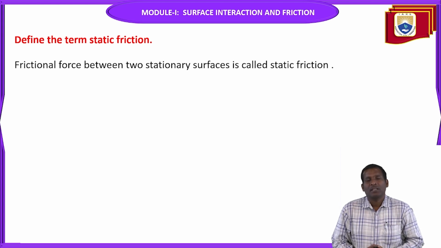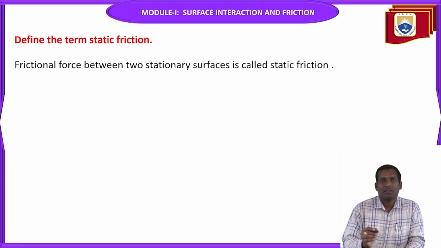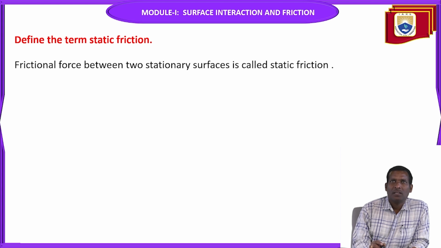That's why the sliding friction is less than the static friction, and rolling friction is less than the static friction. So the highest value is for static friction when compared to rolling and sliding.